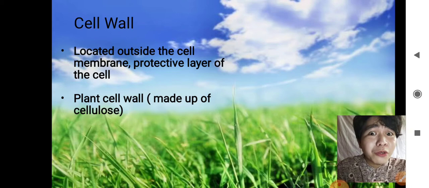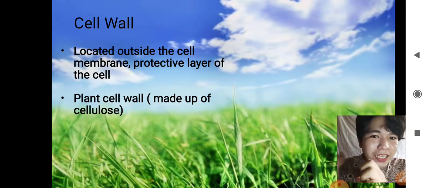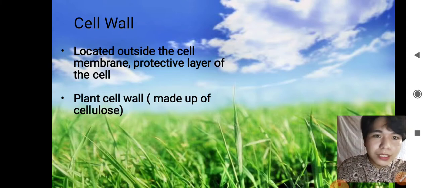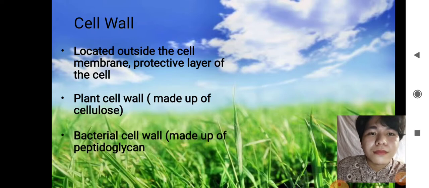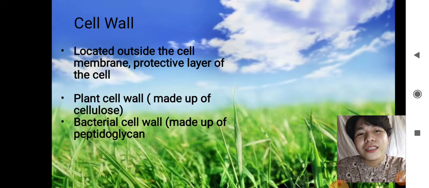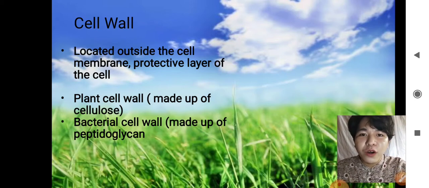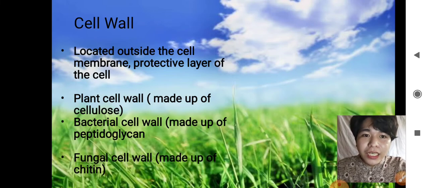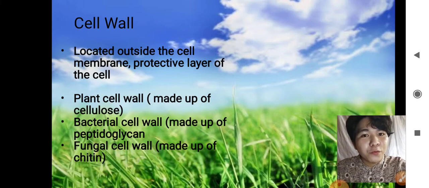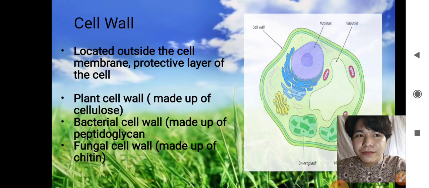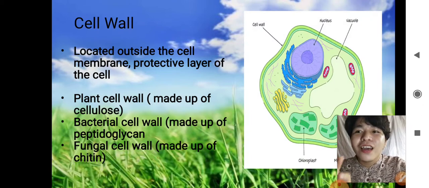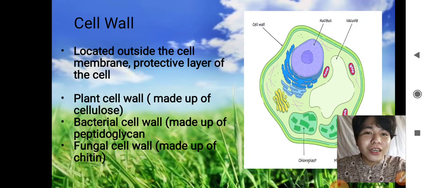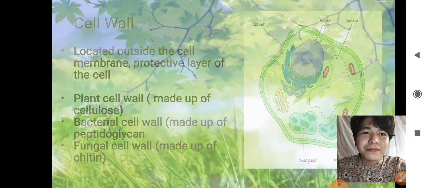That is why, as you could observe, plants have a thick skin as compared to humans. And of course, if the plant cell is made up of cellulose, remember this one, bacterial cell wall is made of peptidoglycan, and of course, fungal cell wall is made of what? Chitin. So cell wall is the outermost layer of a plant cell.